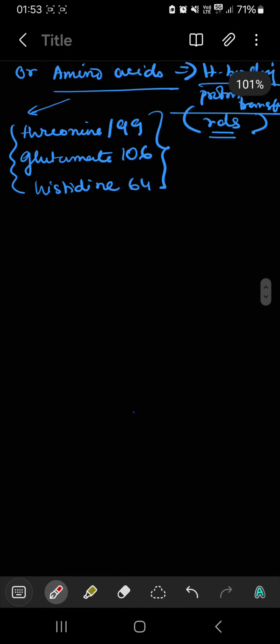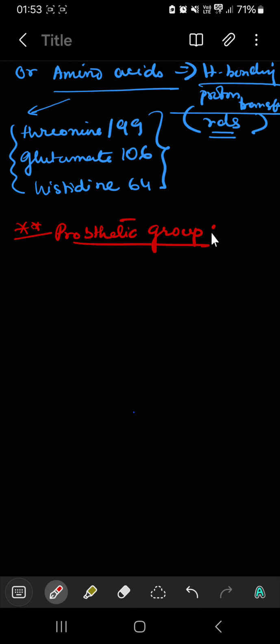As we can see, the prosthetic group of this enzyme is zinc 2+, without which the enzyme is completely inactive.